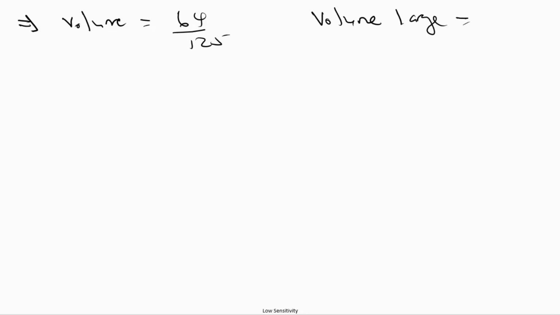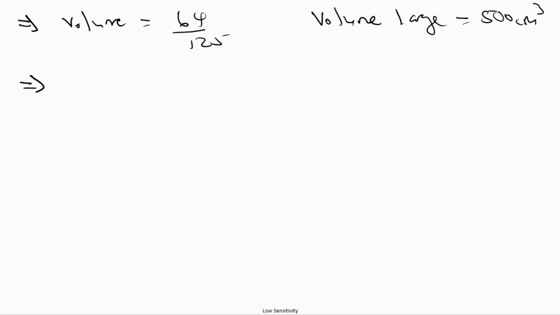So we haven't solved this question yet. We have the volume ratio now, which is equal to 64/125. But we're told that the volume of the large cube is equal to 500 cubic centimeters.